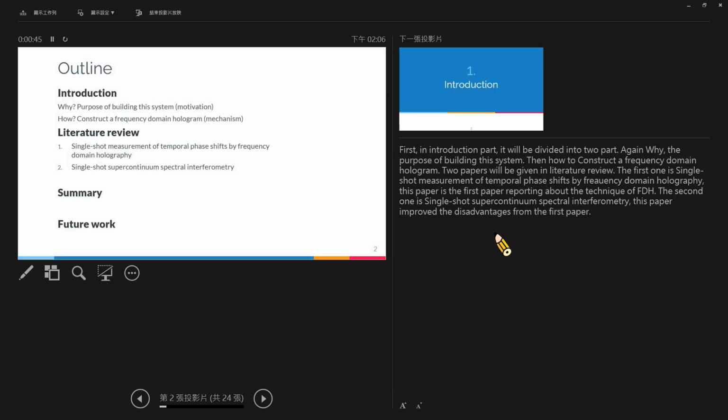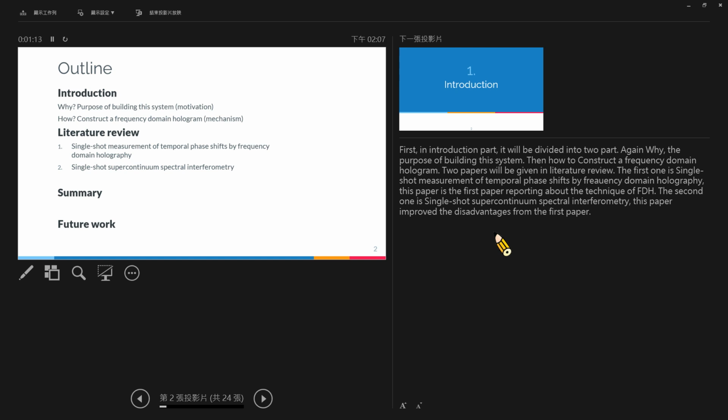Okay, so my outline first will be the introduction, and it will be two parts. First one will be why, the purpose of building this system, and second will be how to construct this frequency domain hologram. And in the literature review part, I will deliver two papers. The first one will be single shot measurement of temporal phase shifts by frequency domain holography.